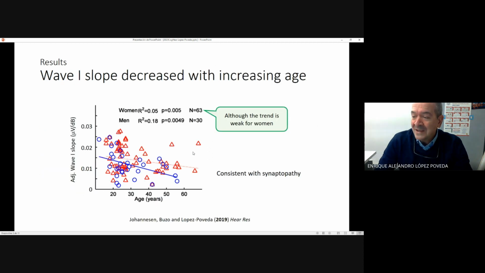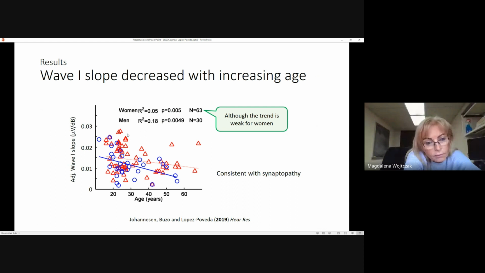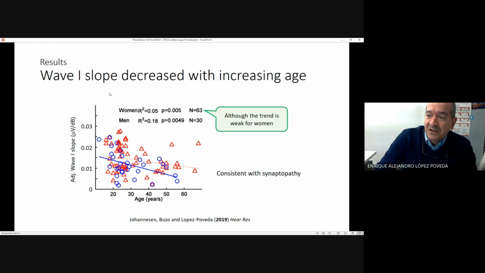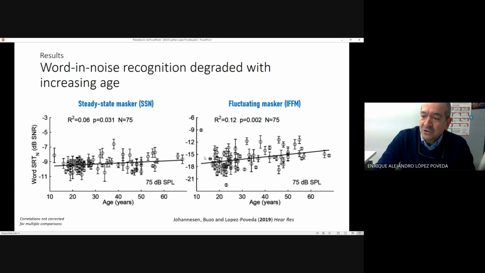Now, we've been trying to see whether this metric of synaptopathy is correlated with age-related hearing deficits, and we actually see no correlation. So, for example, we see that the slope correlates with age, as you would expect. So there is indication of synaptopathy in our older listeners. And we also see that the older listeners show slightly worse speech in noise intelligibility.